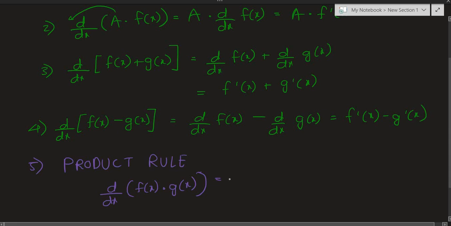Well, this becomes g of x multiplied with f prime of x, I'm directly using shorthand notation, plus f of x multiplied by g prime of x. So the way I look at this product rule is, say you have two functions f of x times g of x.